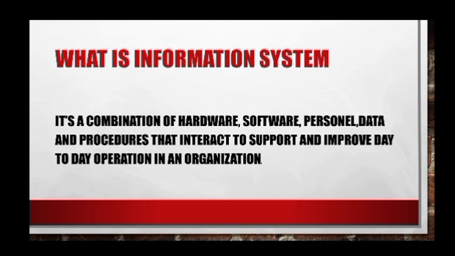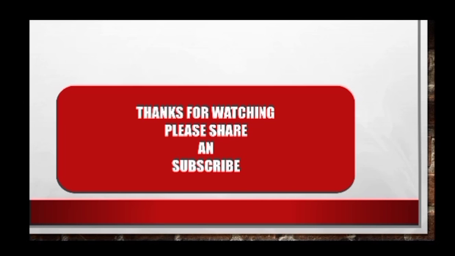We have defined what hardware and software are. So information system deals with the organization. As we continue to module 2, we'll check on information systems in more detail. So that is the definition of terms.